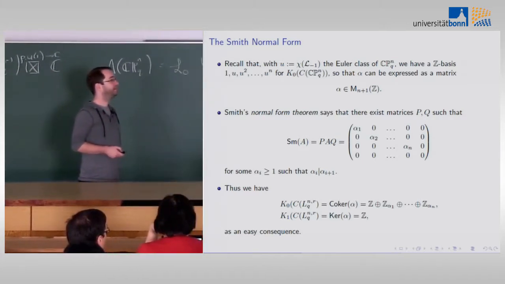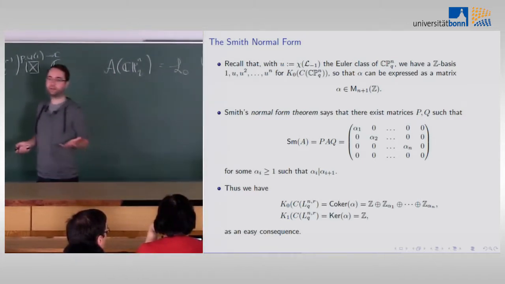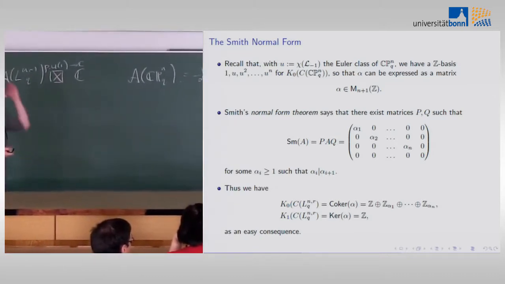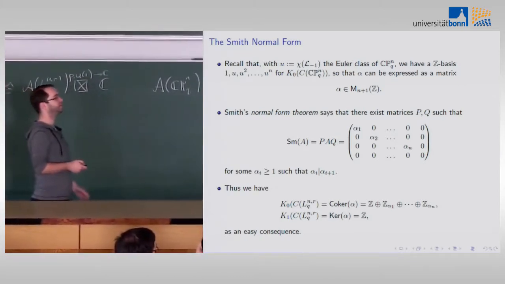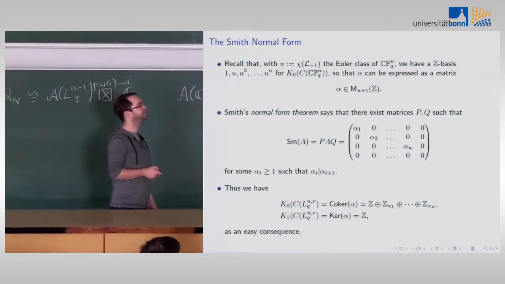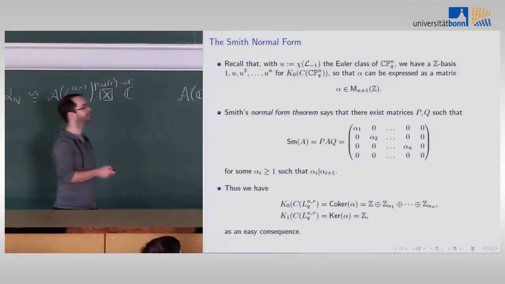And then you have associated to any matrix over a principal ideal domain, or in this case, over the integers, you can always diagonalize it into this form. So this is an n plus 1 by n plus 1 matrix.